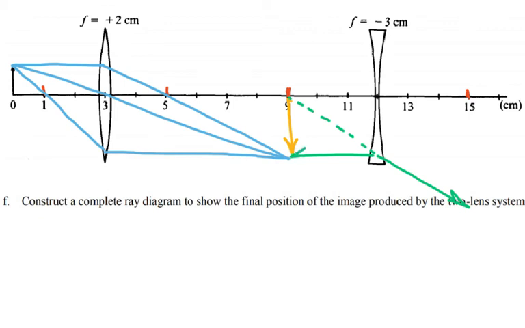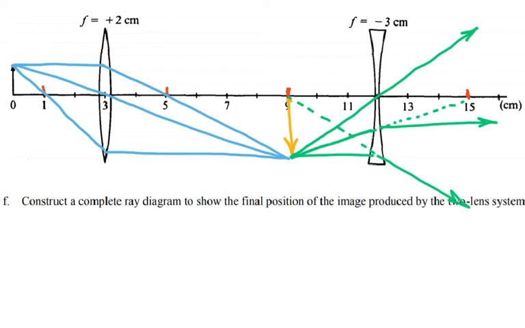So the second one is through the center, and that one is passing without the refraction. And the last ray has to be coming toward the last focal point. So the ray is going toward the focal point this way. But then it has to go parallel to the axis.